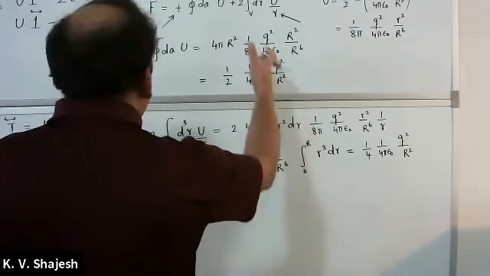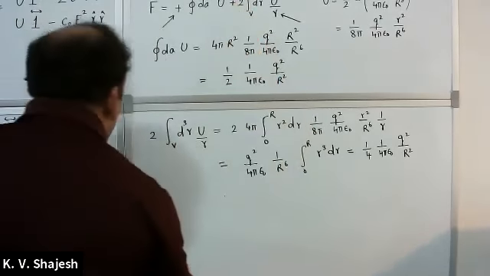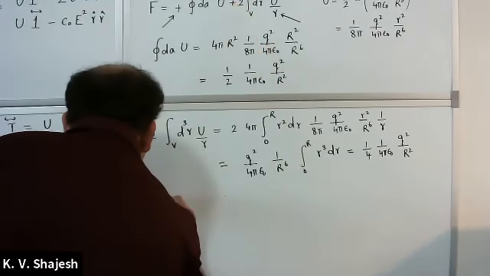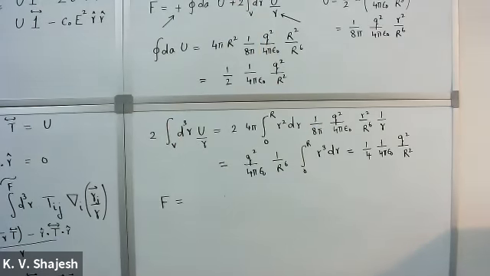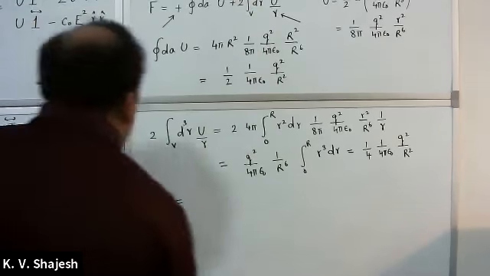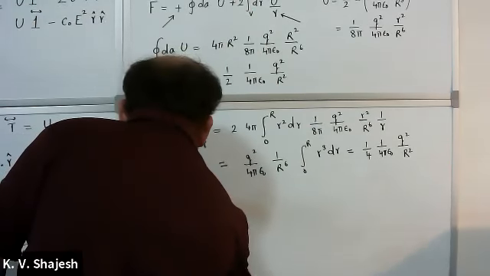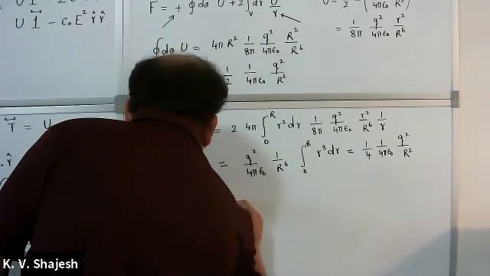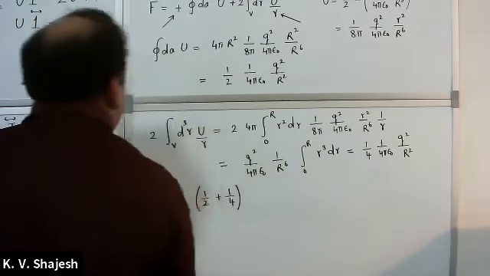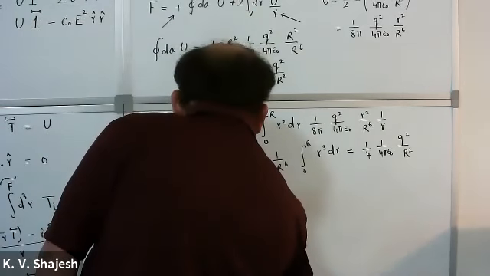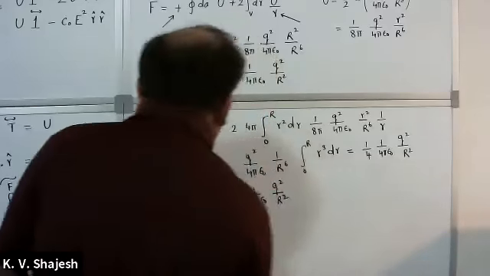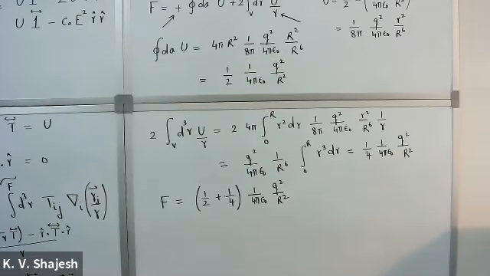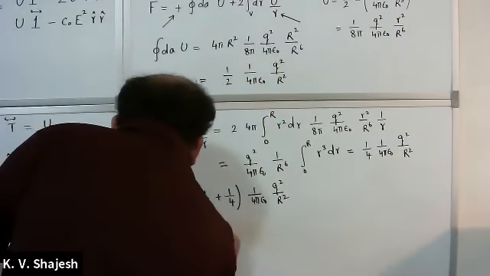If I add these two quantities, I get the force, which then can be used to calculate the pressure. So the force will be, add these two quantities, it's very straightforward. So it's 1 over 2 plus 1 over 4, and it is 1 over 4 pi epsilon naught and q square over r square, which is exactly 3 over 4.